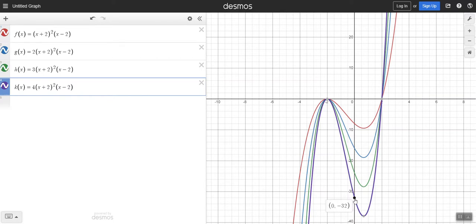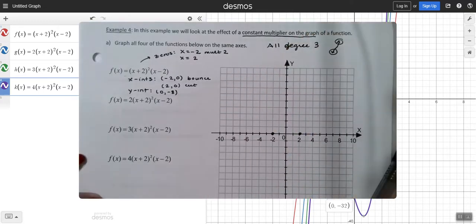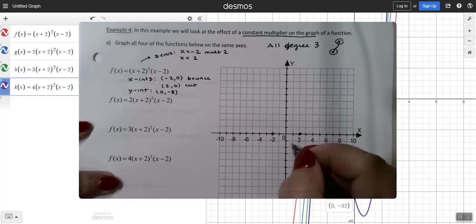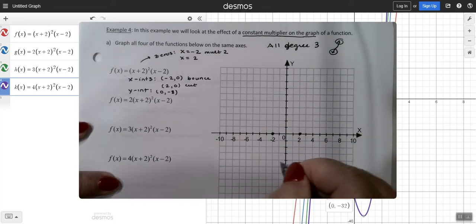Right? So if I come back to my paper, let's see, what should we do here? Let's go by 5s. 5, 10, 15, 20, 25, 30, 35, 40.